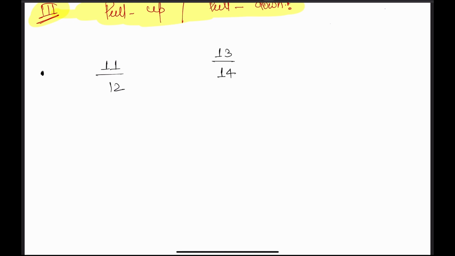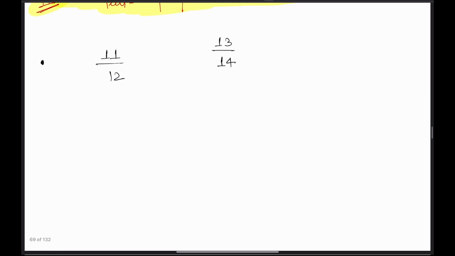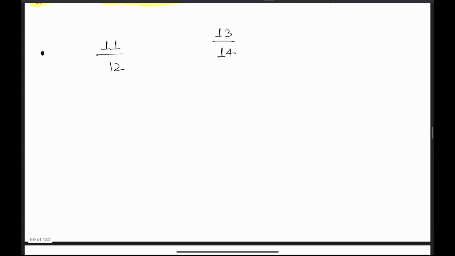So which one is big? In this case, what is the formula? Let me just try to analyze what is happening over here. We are adding plus 2 in the numerator and we are adding plus 2 in the denominator. Okay, is it not? 11 plus 2 is 13, 12 plus 2 is 14.